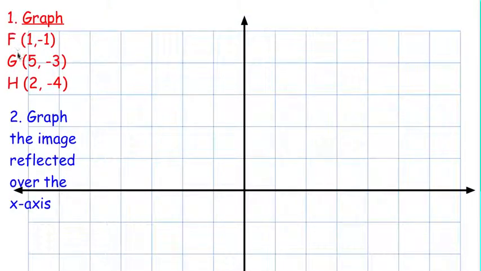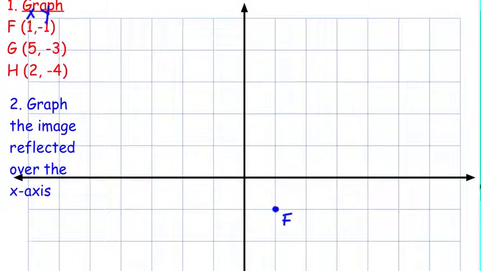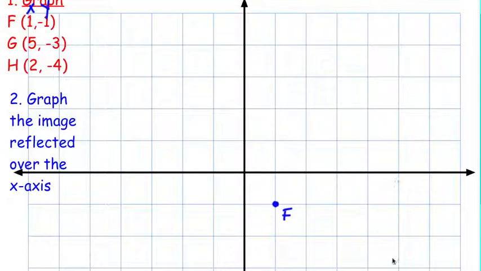Let's try a sample problem here where we have to graph. I have to graph the points 1, negative 1. Remember, this is the x and this is the y. So I have to go over 1 and down 1. So here's F. The next I have to go over 5, down 3. 1, 2, 3, 4, 5. And then down 3 would be right here.